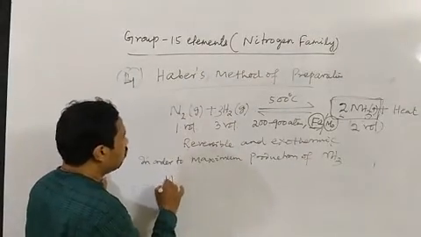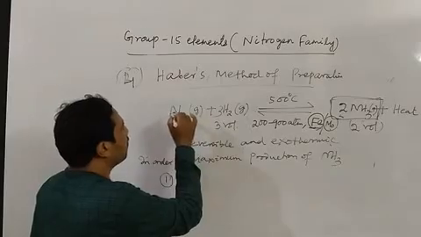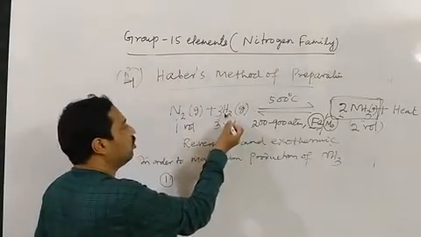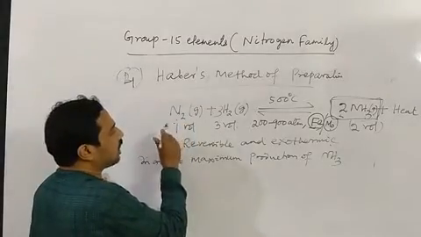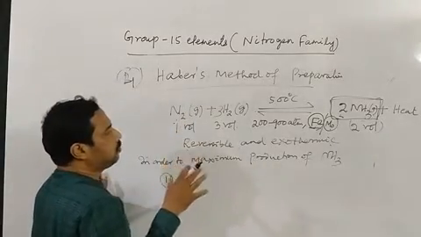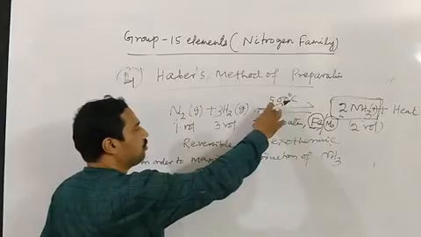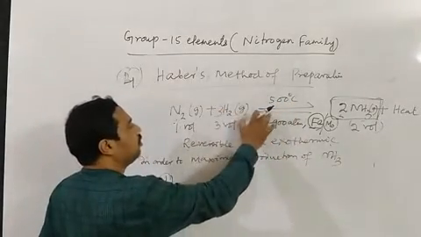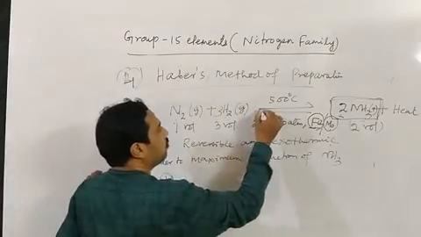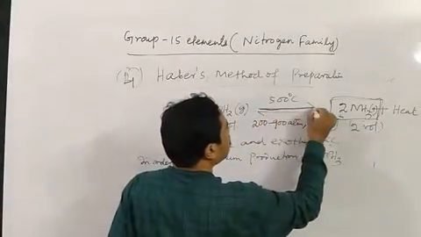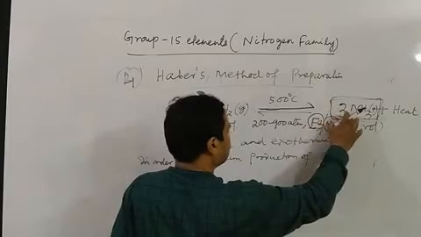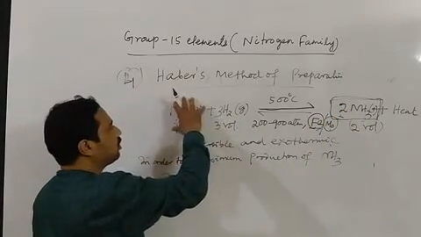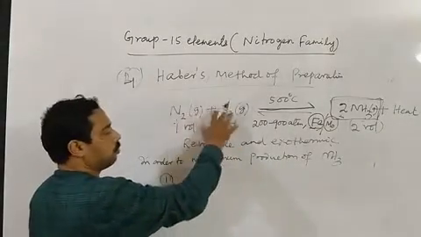First, we have to increase the concentration of nitrogen, hydrogen or both, because according to Le Chatelier's principle, since the reaction is reversible and exothermic, to shift the equilibrium in the forward direction, we have to increase the concentration of nitrogen or hydrogen or both.